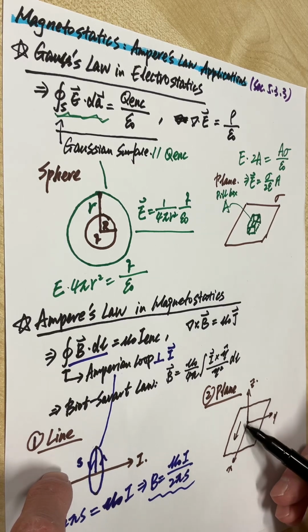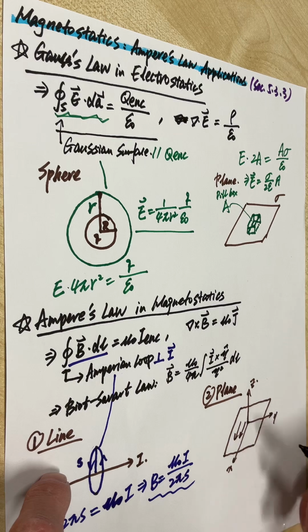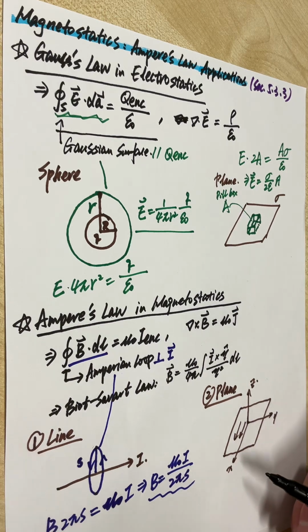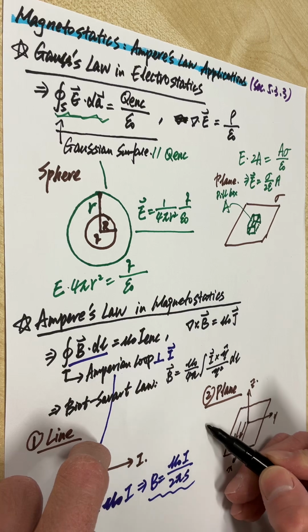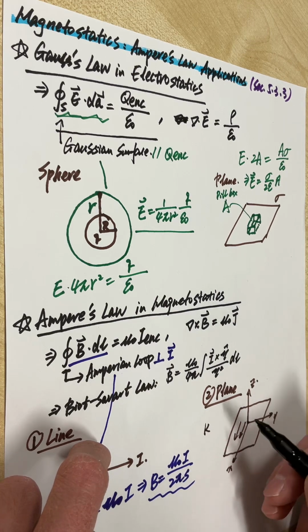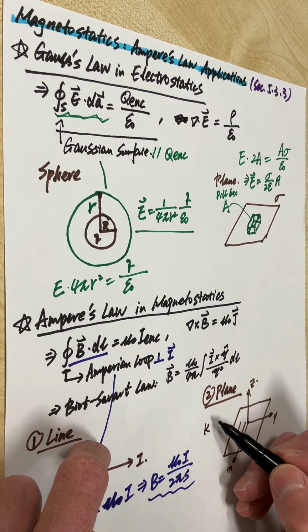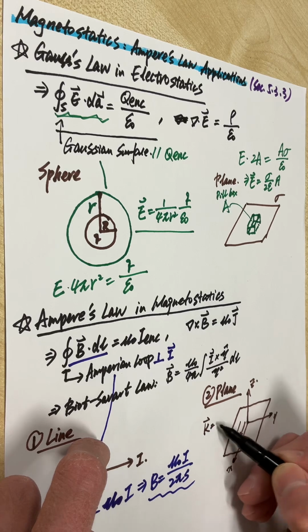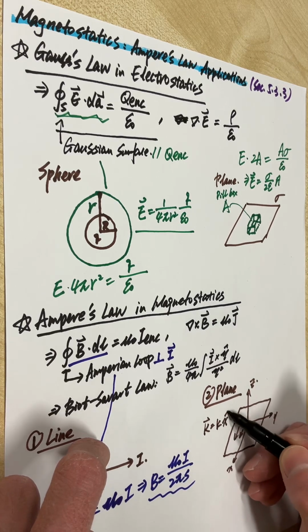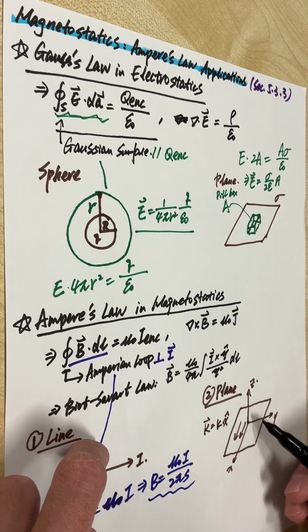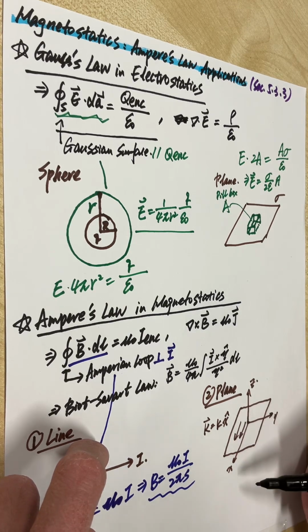The current would flow towards the x direction. So K, the surface current density, let's say equal to a constant, multiplied by unit vector x, so towards the x direction. So what is the magnetic field?